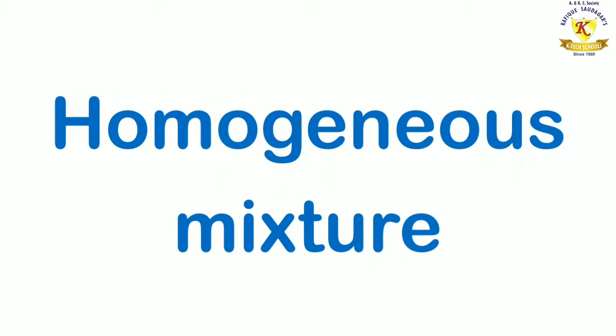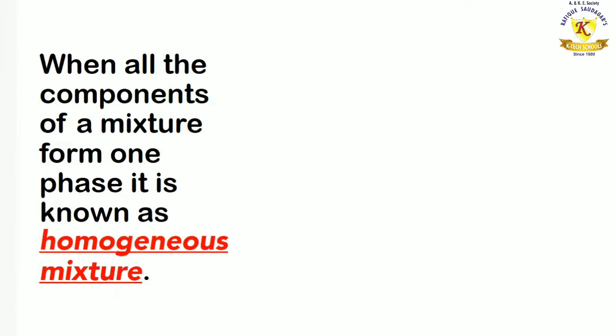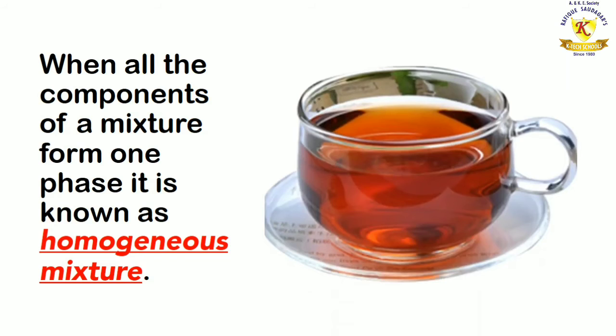Now let's see what is a homogeneous mixture. When all the components of a mixture form one phase, it is known as a homogeneous mixture. See here, for example, we have tea.